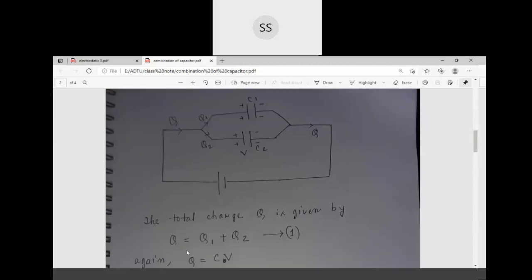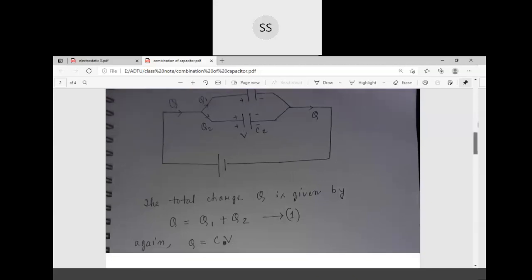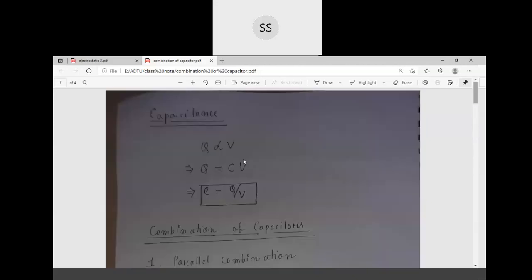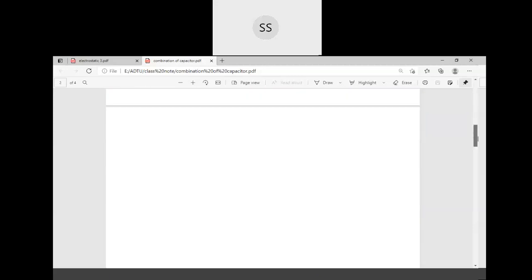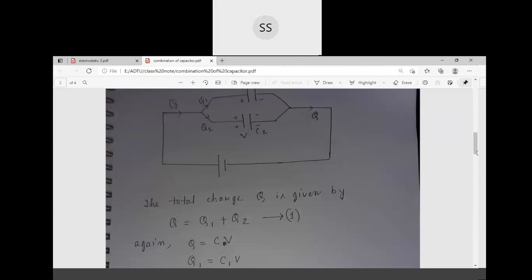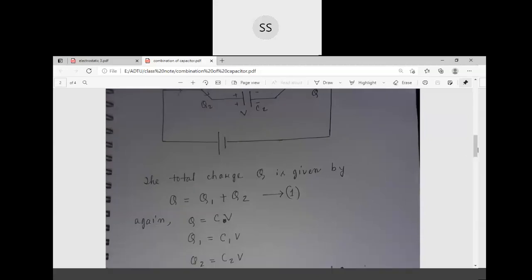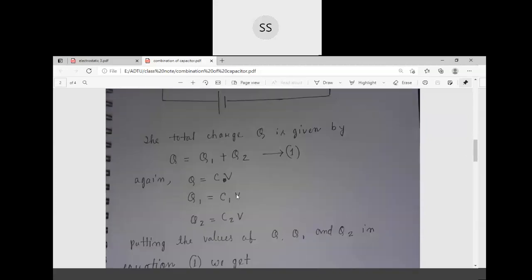Okay, so total charge will be Q equal to Q1 plus Q2, and from this equation we get Q equal to CV, right? Q equal to CV, and therefore Q1 equal to C1V and Q2 equal to C2V.